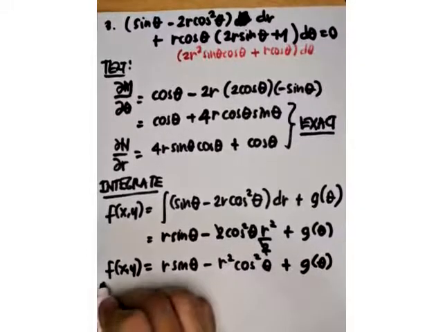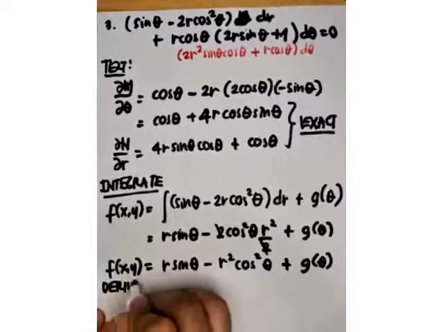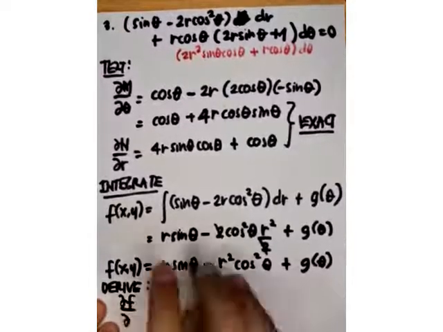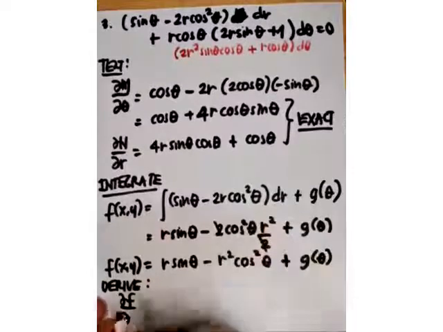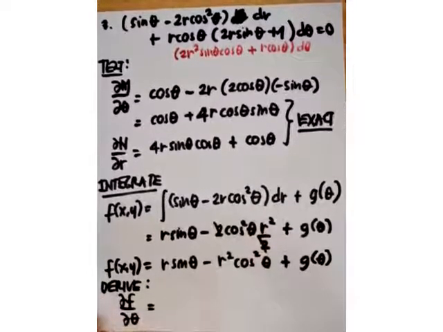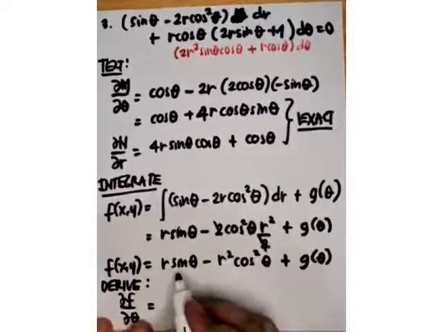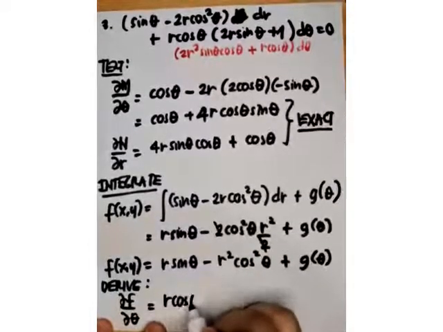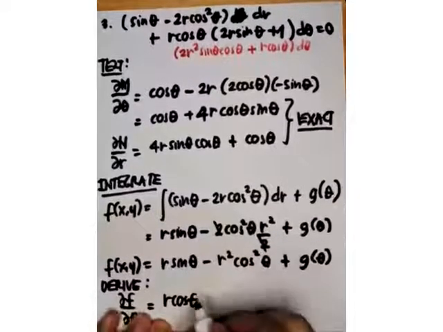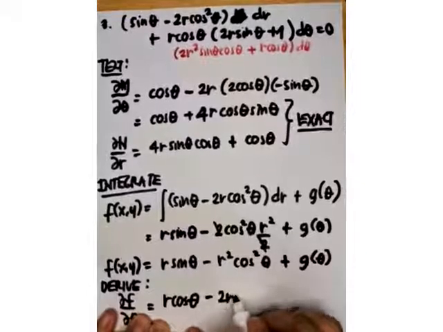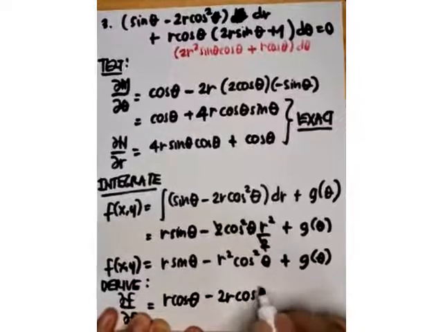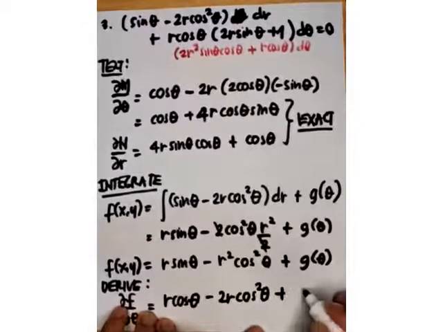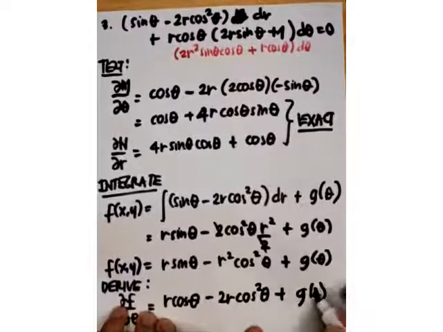Okay, so next step is we derive. Okay, so let's get the derivative of that function with respect, since in-integrate natin siya sa r, i-derive natin siya sa theta. Ayan, so derivative nito in terms of theta, so that is r cosine theta minus 2r cosine squared theta plus g of theta prime.